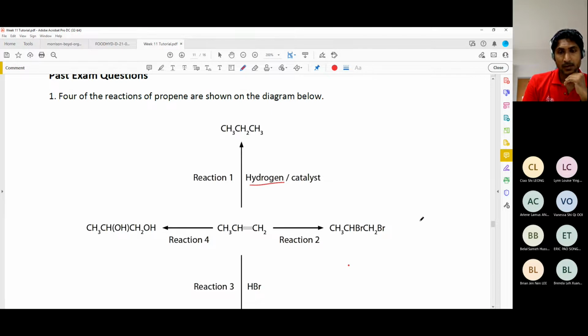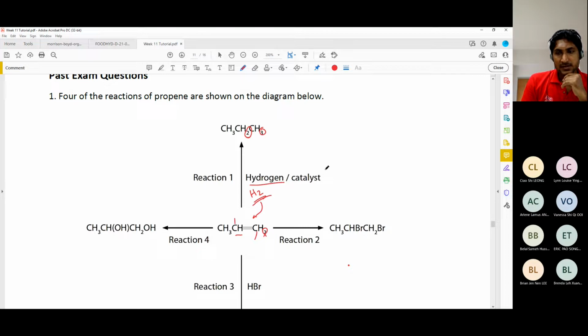Hydrogen will be needed because one hydrogen atom each goes to either side of the double bond. CH3CH becomes CH2 here, and CH2 becomes CH3 here because the hydrogen is added.